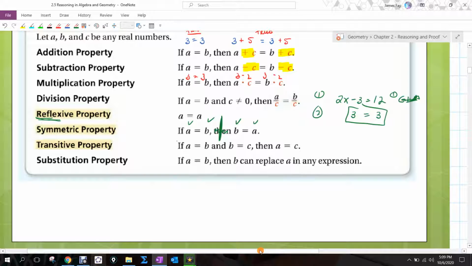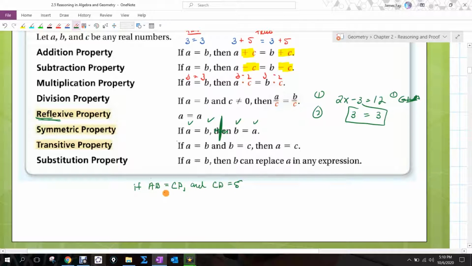We have a transitive property. So the transitive property says if A equals B and B equals C, then A equals C. If you remember the other day, we talked about the law of syllogism. It's kind of the idea here. Let's say segment AB is equal to segment CD, and CD is equal to 5.